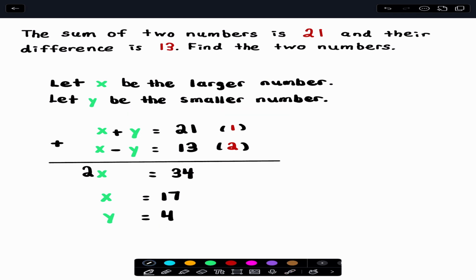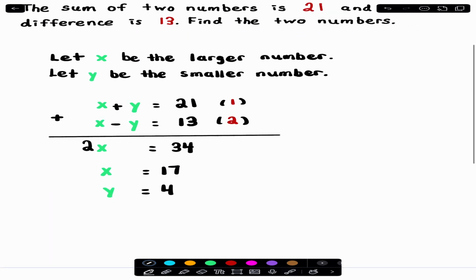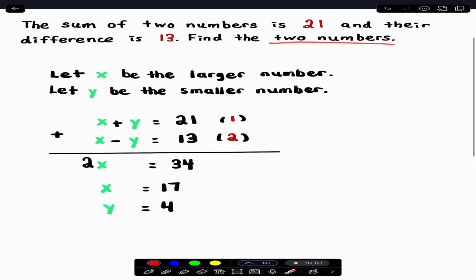Now all we have to do is just write our final statement. So please always remember to write your final answer nicely and box it or highlight it so that it's obvious to your instructor. Since we're asked to find the two numbers, that means we have to write both of them out.